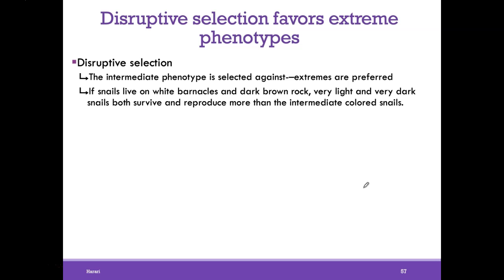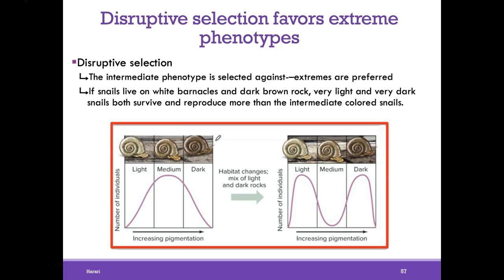The intermediate colored snails would stand out on either the white barnacles or the dark rock. The dark snails could camouflage against the dark rock, the light snails can camouflage against the barnacles, but these medium colors cannot camouflage at all. So either the light snails are selected for or the dark are selected for. The intermediate are selected against.